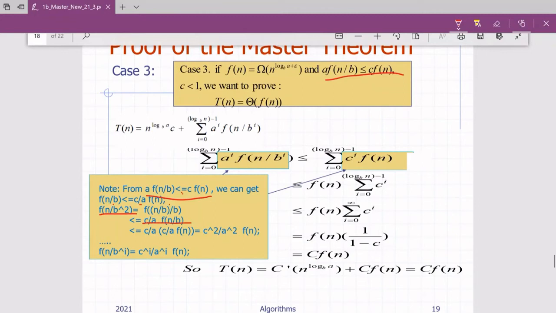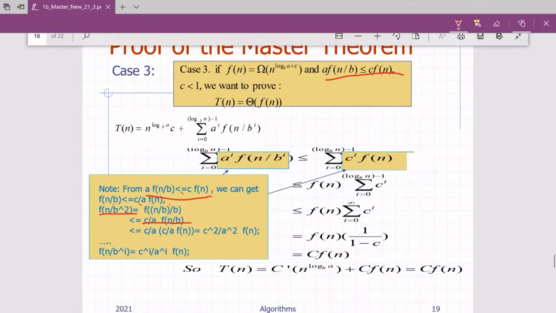So f(n over b), we replace that again. It will be c over a times c over a times f(n). So will be c squared over a squared f(n).